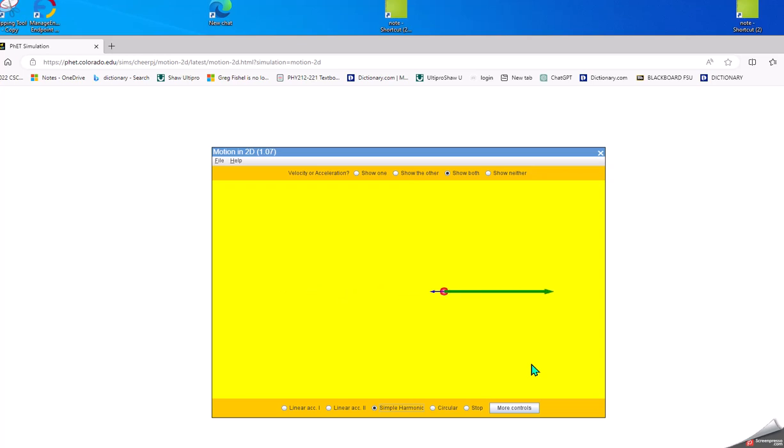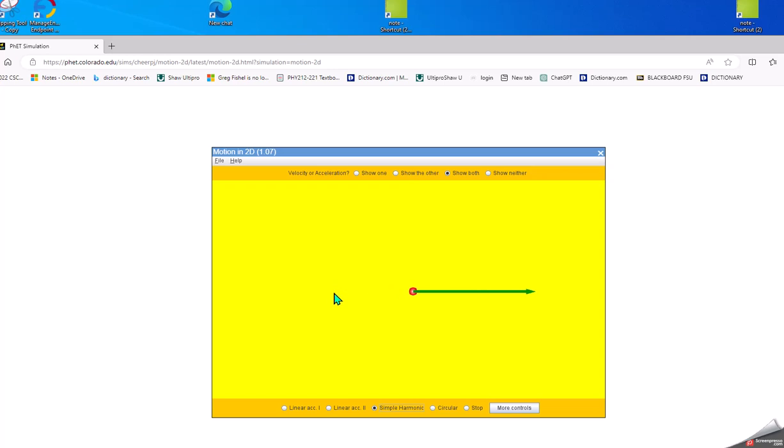If I ask another question, where is the velocity strongest in magnitude? It's actually in the middle. When the swing goes through the middle, it's fastest, the acceleration goes to 0, and that's the time the acceleration changes direction. So the answer is at the turning point, that's one moment.